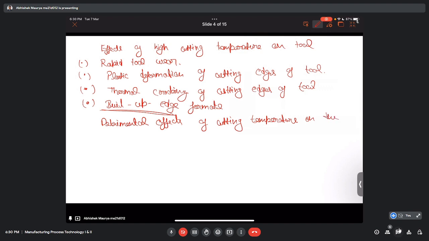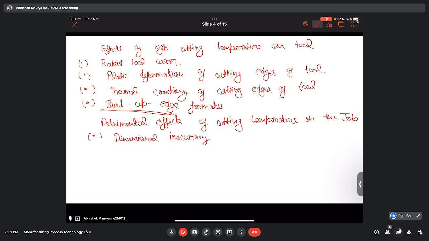The first one is dimensional inaccuracy. How does this dimensional inaccuracy come? It happens because of the material property of thermal expansion and contraction.